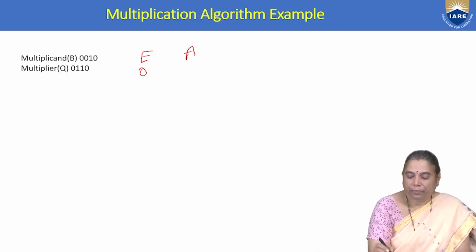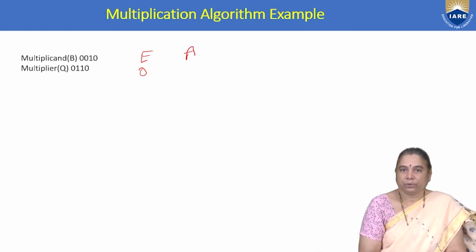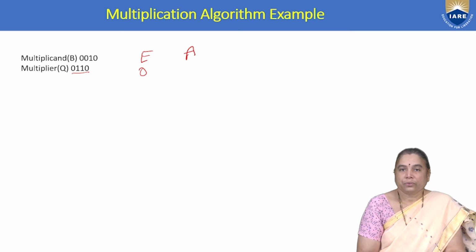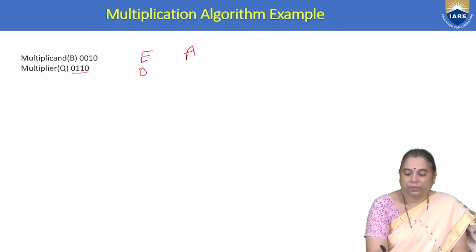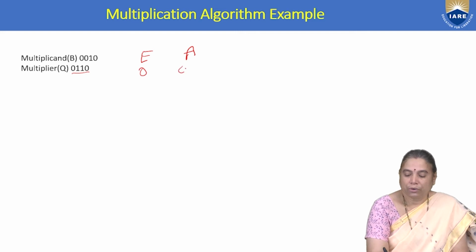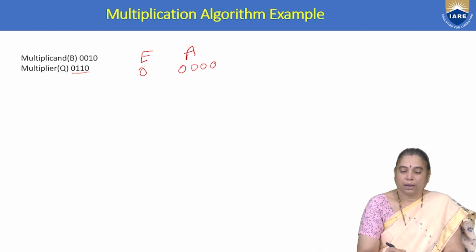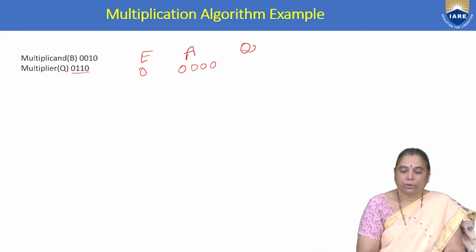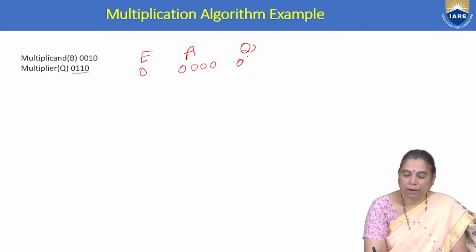A is the partial product storage register, and as many zeros as there are multiplier bits are initialized in A. Here 4 bits are there, so we initialize A with 4 zeros. And what is the multiplier? Q. Q is 0, 1, 1, 0.